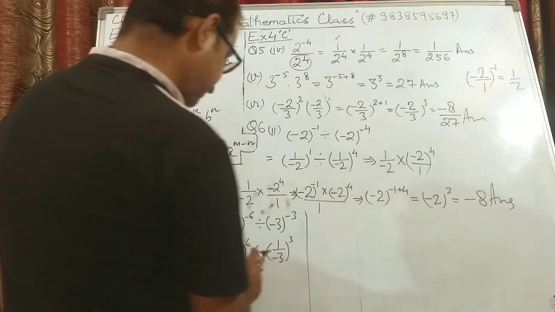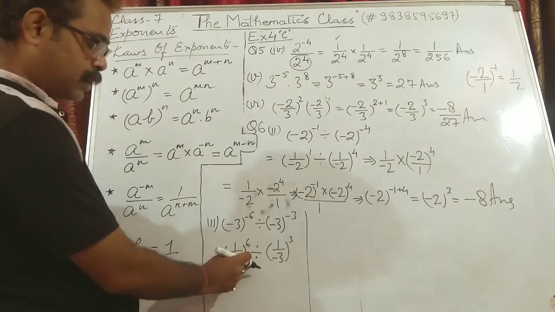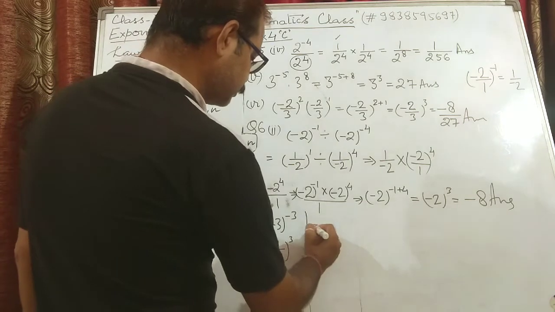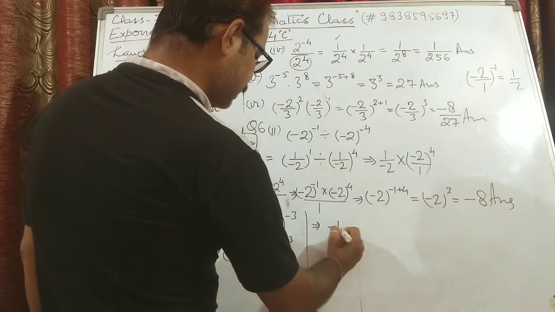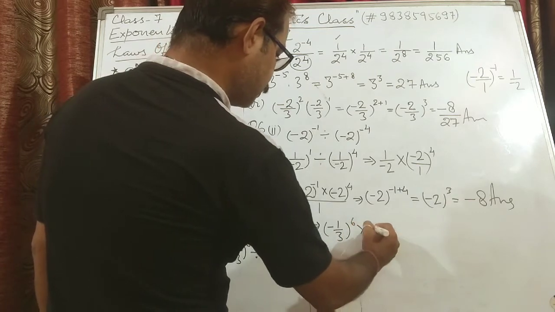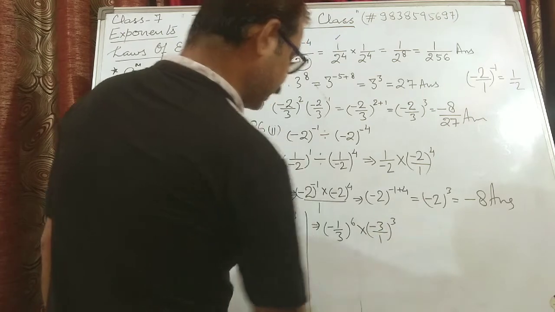Now when we remove this division sign, it will become a multiplication sign, and this number will reciprocate. It means 1 upon minus 3 to the power 6 into minus 3 upon 1 to the power 3.